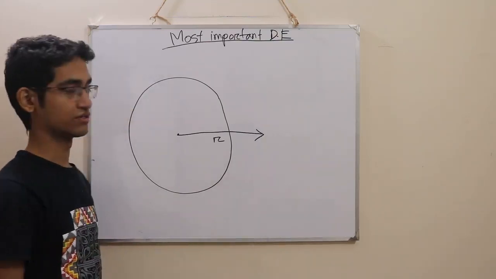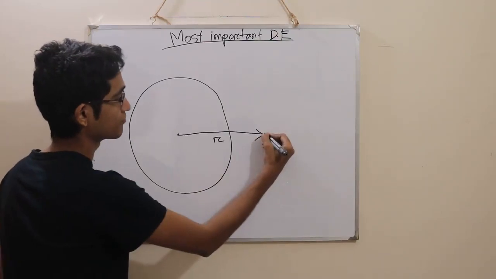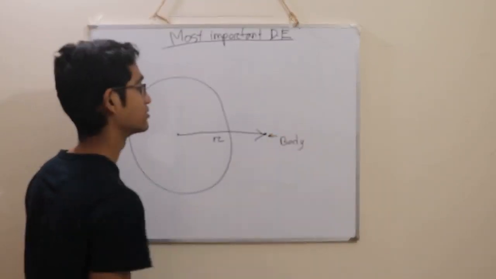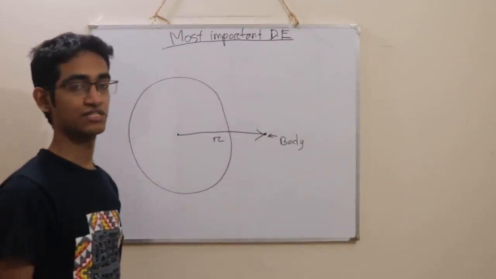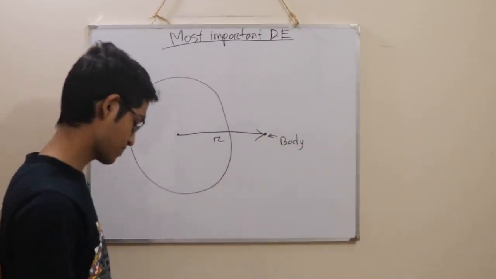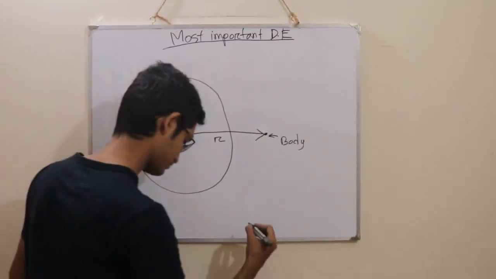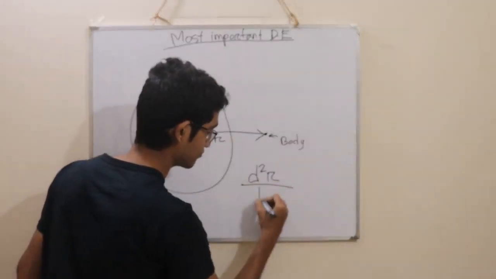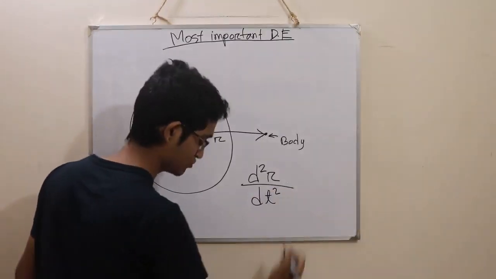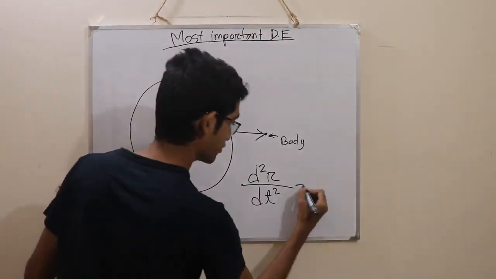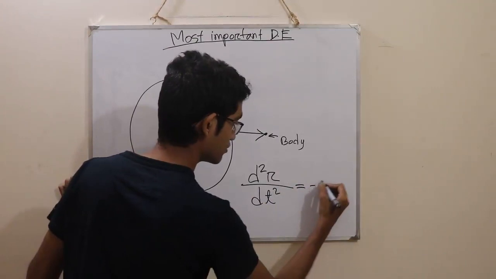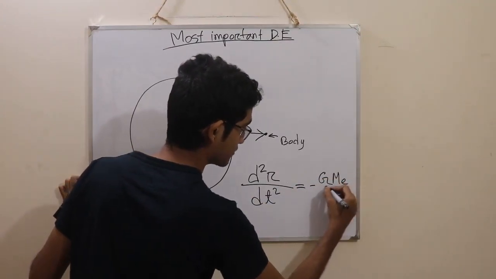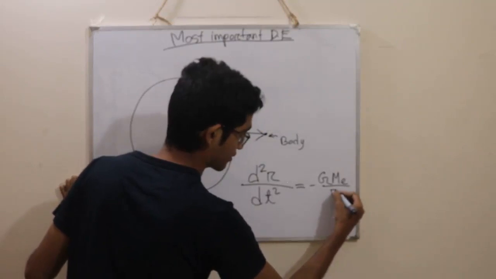Now, the equation describing the motion of this body. This is the body. The equation describing the motion of this body is something like d2r by dt2 is equal to gravitational constant times the mass of the earth divided by r square.